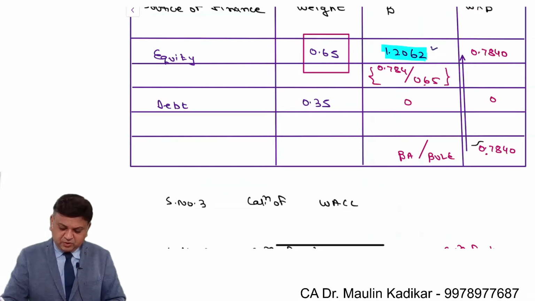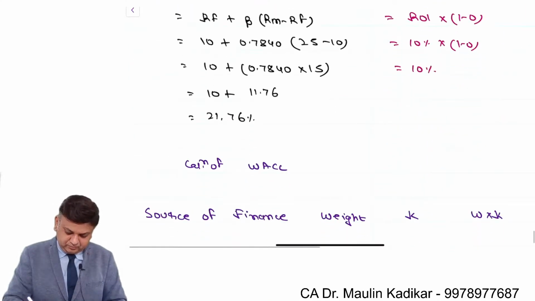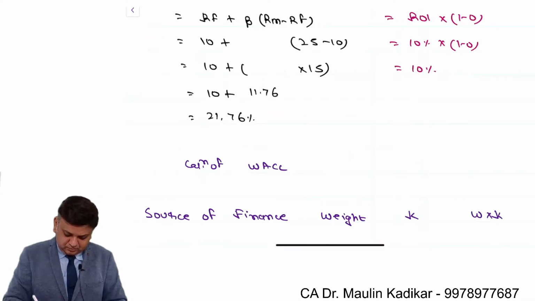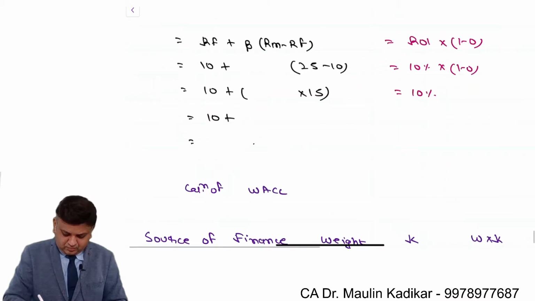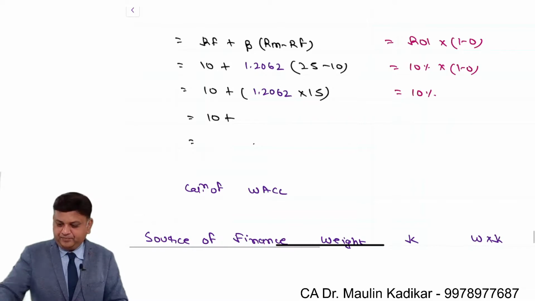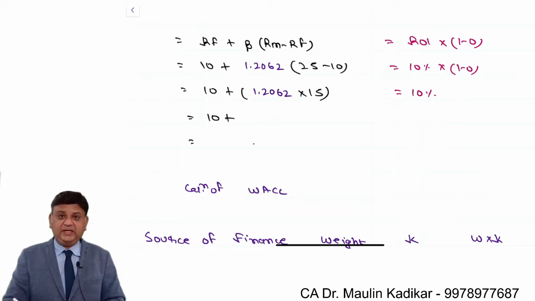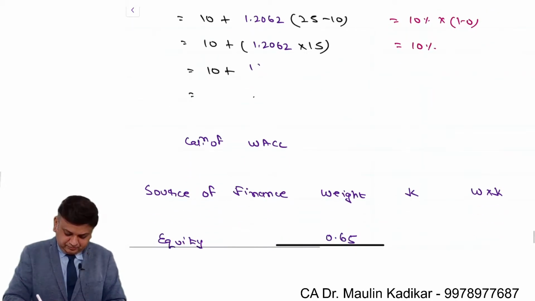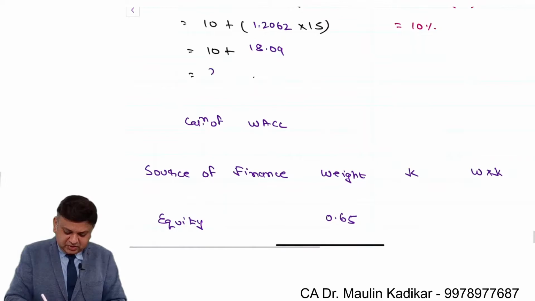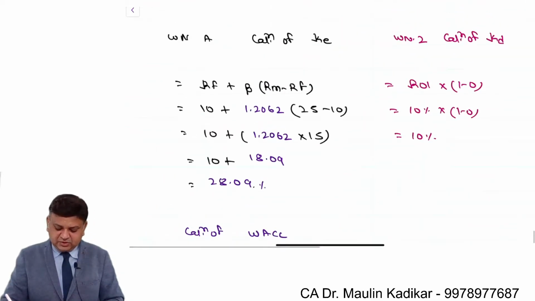Beta is 1.2062. 1.2062 into 15, that is 18.09. So the cost of equity is 28.09. That is the way the cost of equity is found.